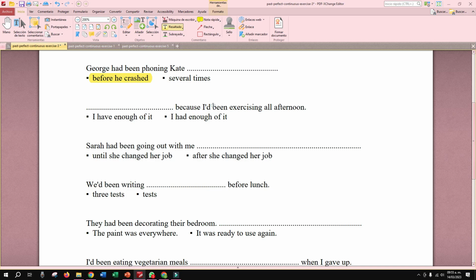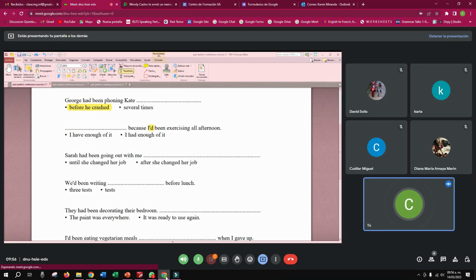What about the second one? You have here: because I'd been exercising all afternoon. This is like if you say I had, right? That's almost the same, but that is the contraction. So I have enough of it, or you can say I had enough of it. Which one do you think will be the answer there?